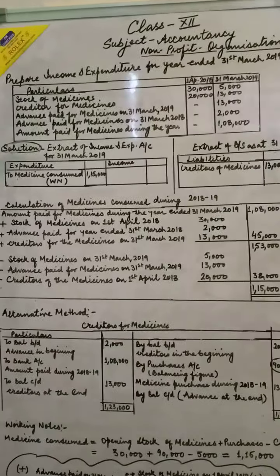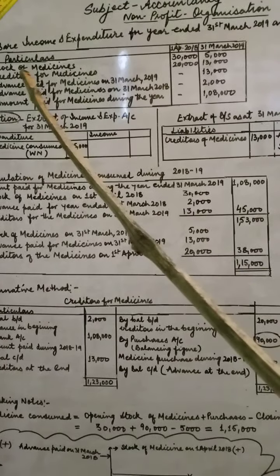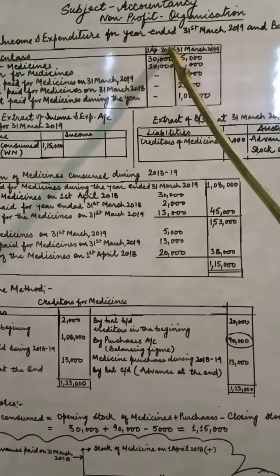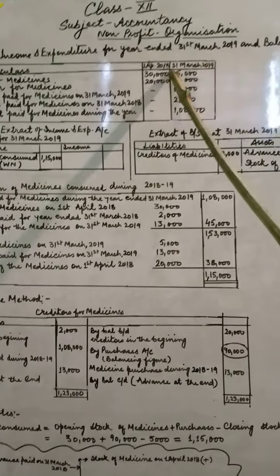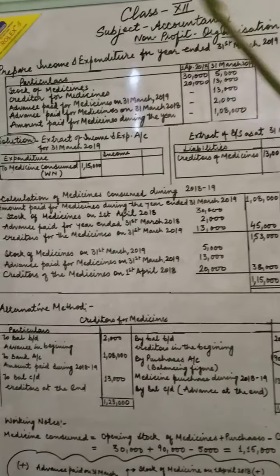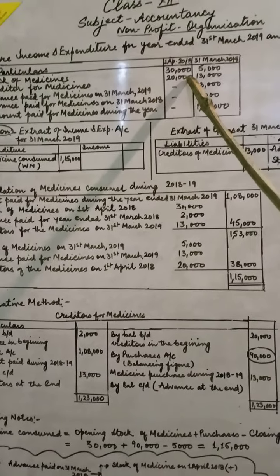Now, the question is, what is given in the question? That is, the stock of the medicine of 2018 and 2019, 31st March 19, is given to you. Creditor for the medicines is given here.